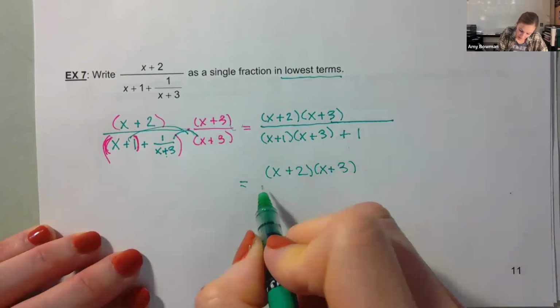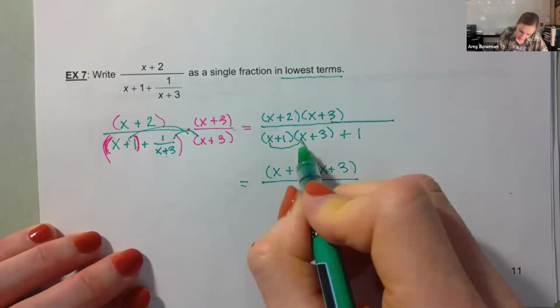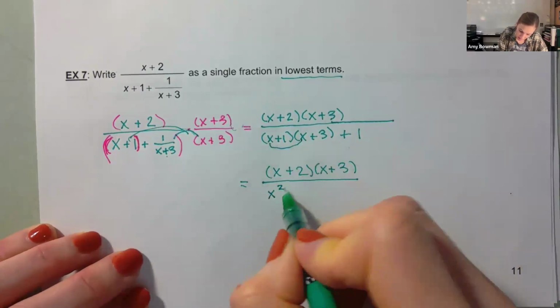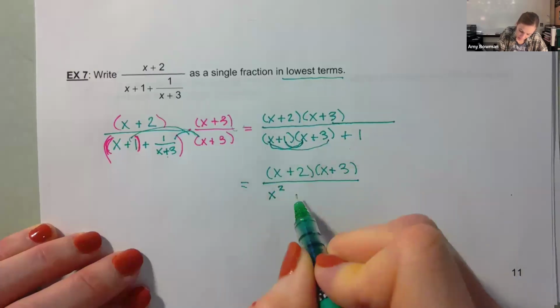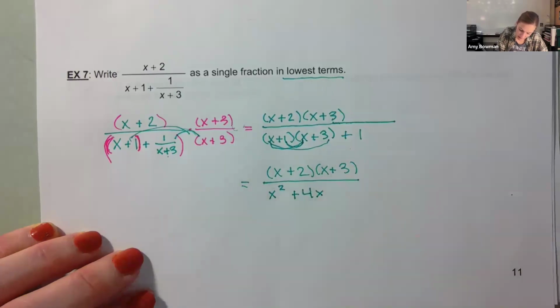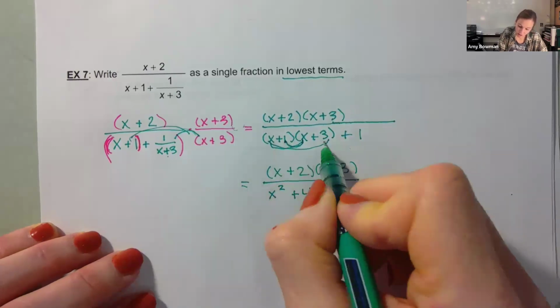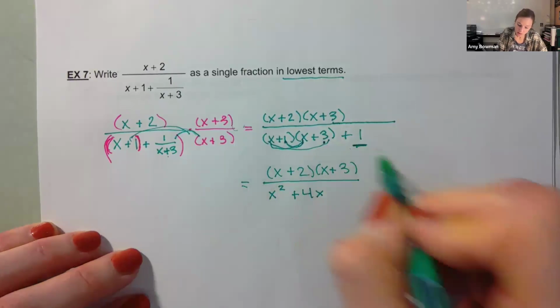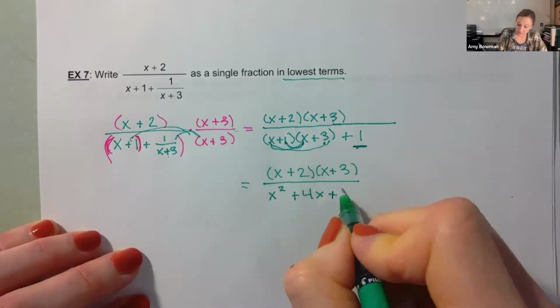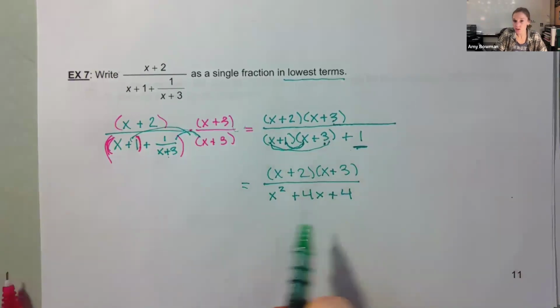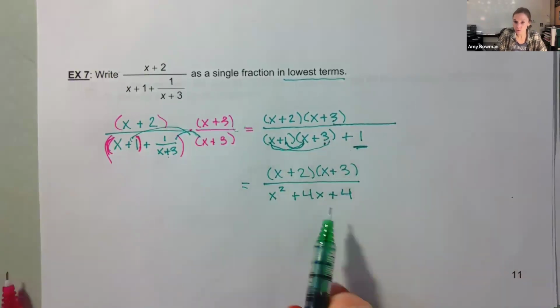So my denominator is going to be x squared, x times x, plus 3x, plus 1 more x. So plus 4x, and then plus 1 times 3, plus this 1. So plus 4.